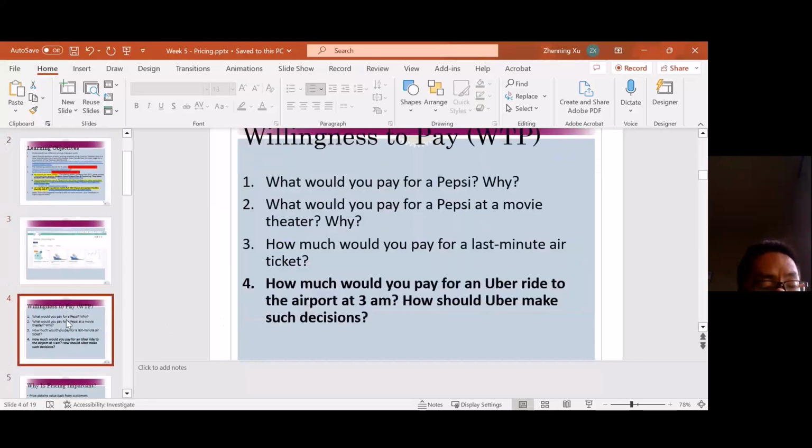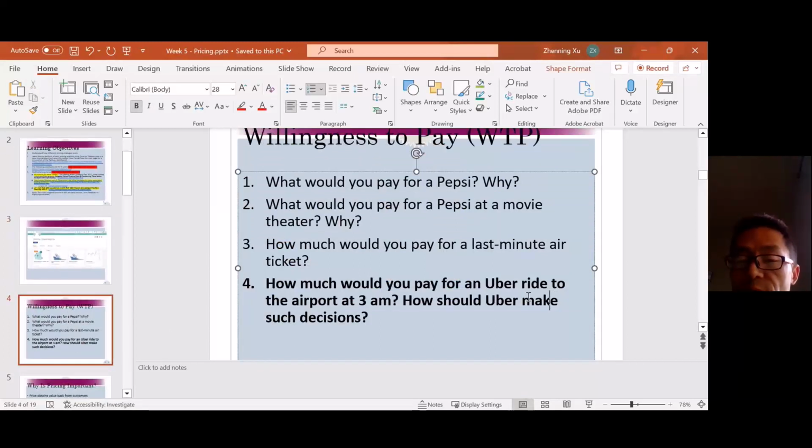Now think about some questions before we start this module. How much would you pay for Pepsi at a grocery store? How about at a movie theater? How about at an airport? And think about when you buy an air ticket, how much does it cost to buy a last-minute air ticket?